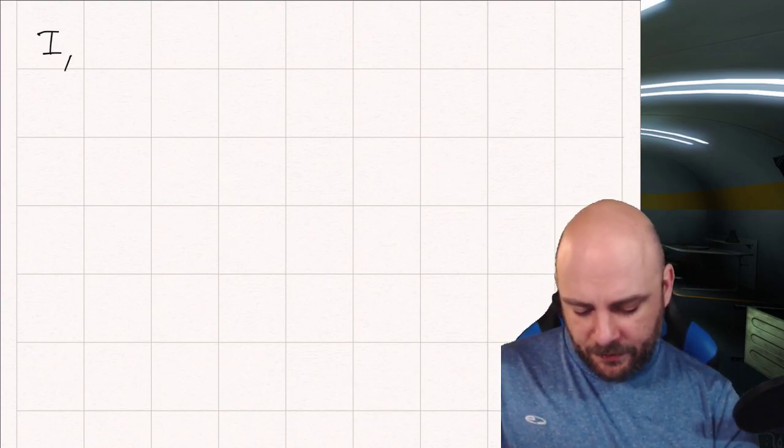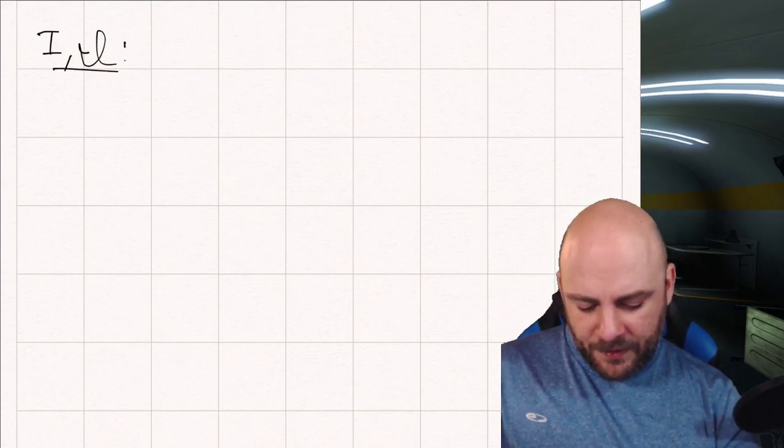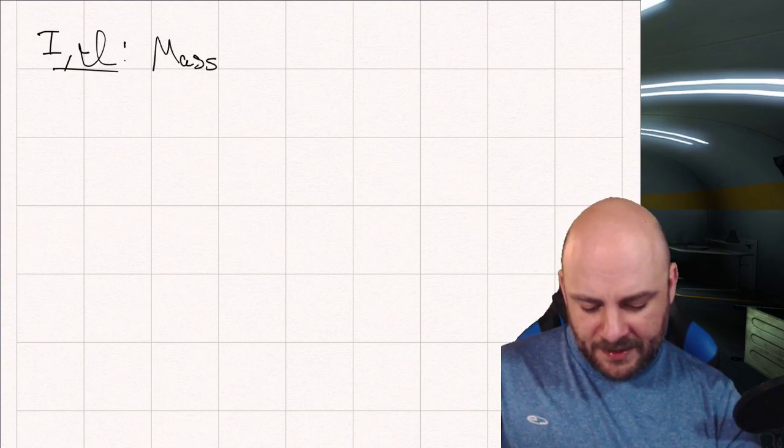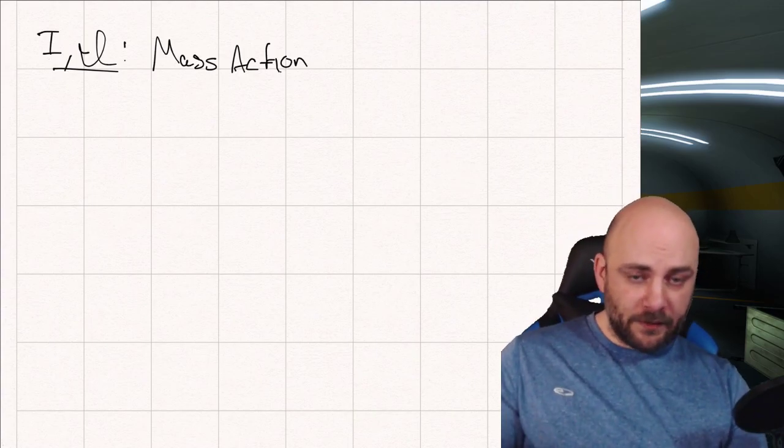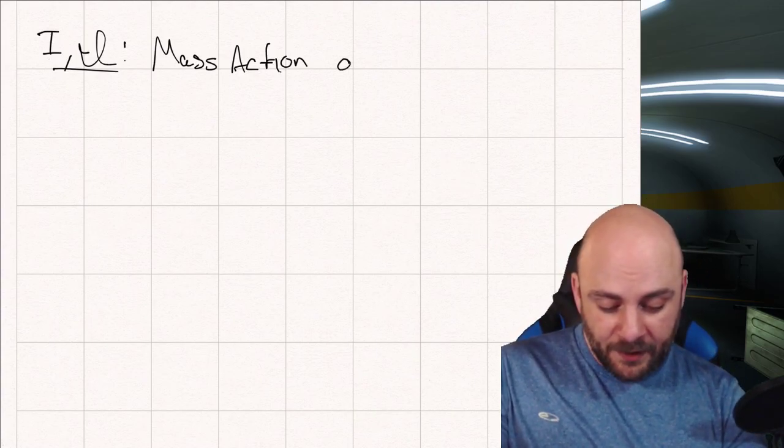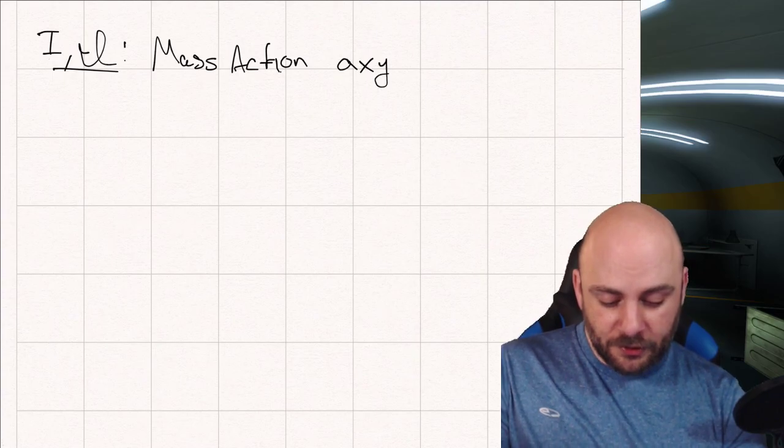For example, interaction functions: the most common one is mass action. For those of you in chemistry, that should sound familiar, and in fact the form of this should look incredibly familiar.